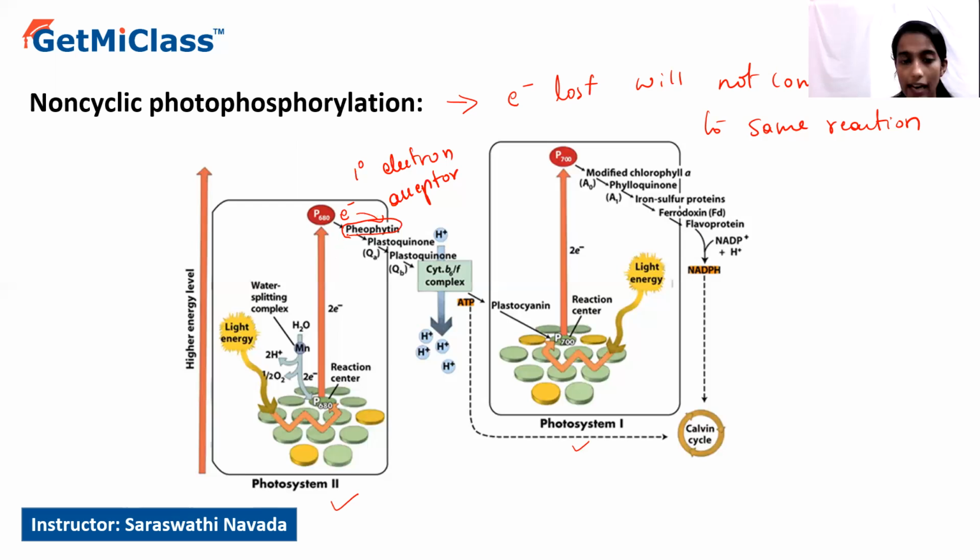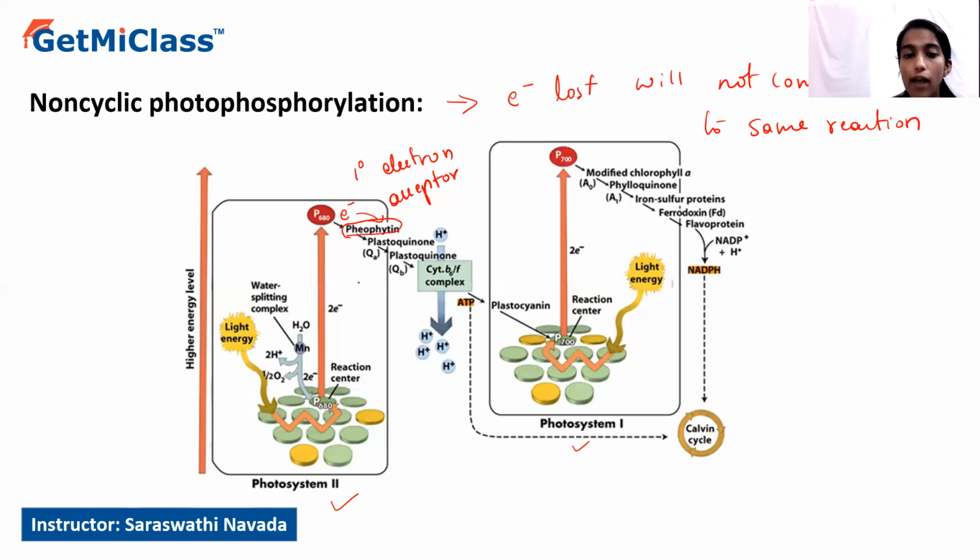Hence the electron acceptors involved in this reaction undergo a series of oxidation reduction reactions, forming the electron transport system here. Okay, so once the electron is accepted by the pheophytin, this electron will be transferred to one more electron acceptor called plastoquinone.